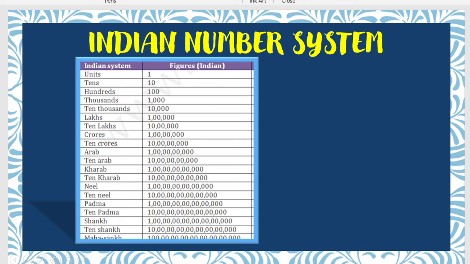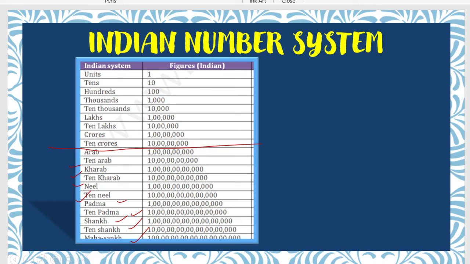Children, I'll tell you one interesting thing. Look at the Indian number system. You have done numbers till 10 crores. After crores, it is Arab, 10 Arab, then Kharab, 10 Kharab, Neel and 10 Neel, Padma, 10 Padma, Shankh, 10 Shankh, and then Mahashankh.